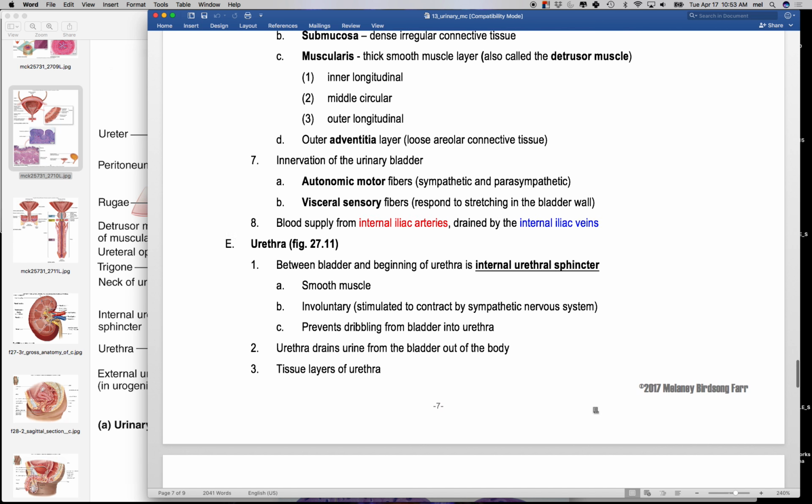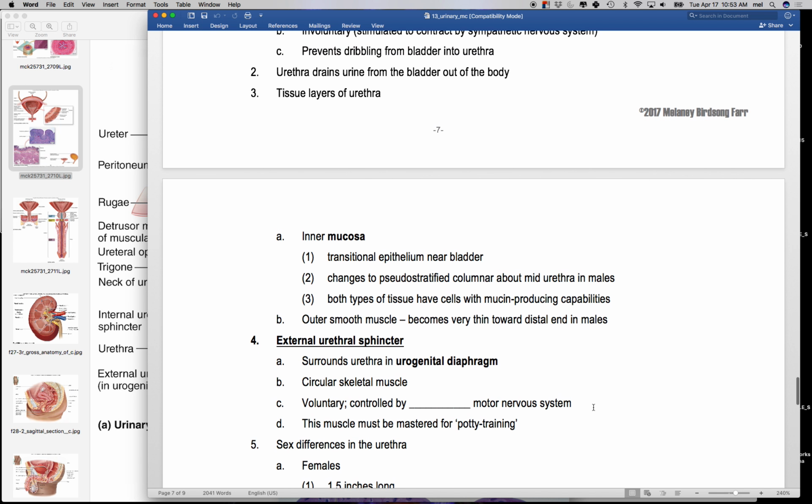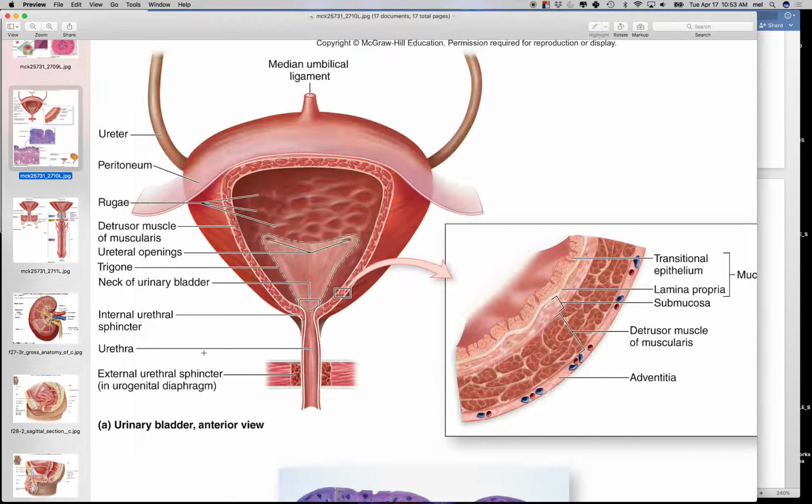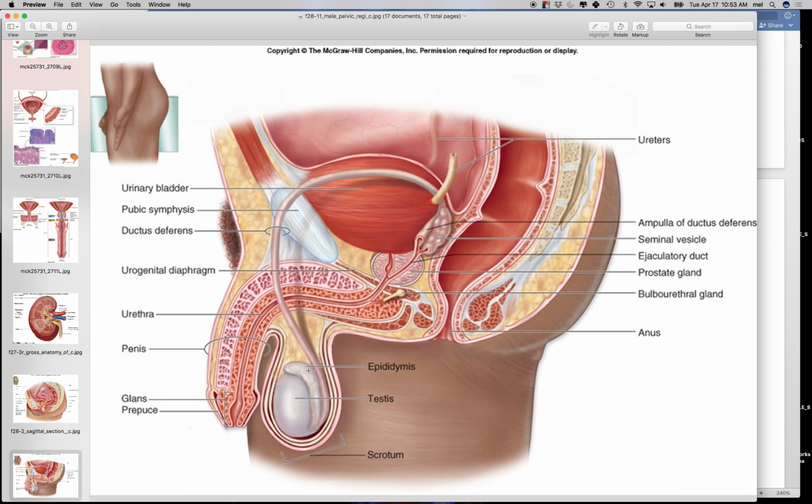Okay, so internal, external. So what is the urethra made of? What kind of tissues? Well, it's still in males and females. At the beginning, it's lined with transitional epithelium. But do you guys remember that toward the end in males, you have a different kind of tissue? Do you remember we only found it lining portions of the male urethra?